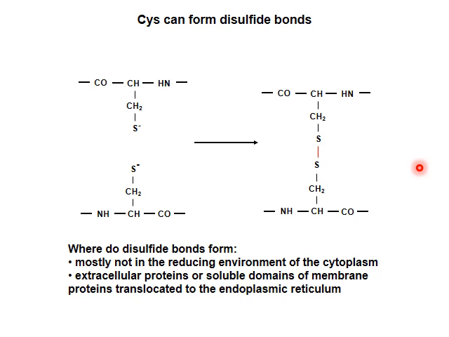We can also put reagents in there to facilitate this. So we can put an oxidizing agent that will take these electrons away from these two negative sulfhydryl groups and allow this disulfide bond to form.